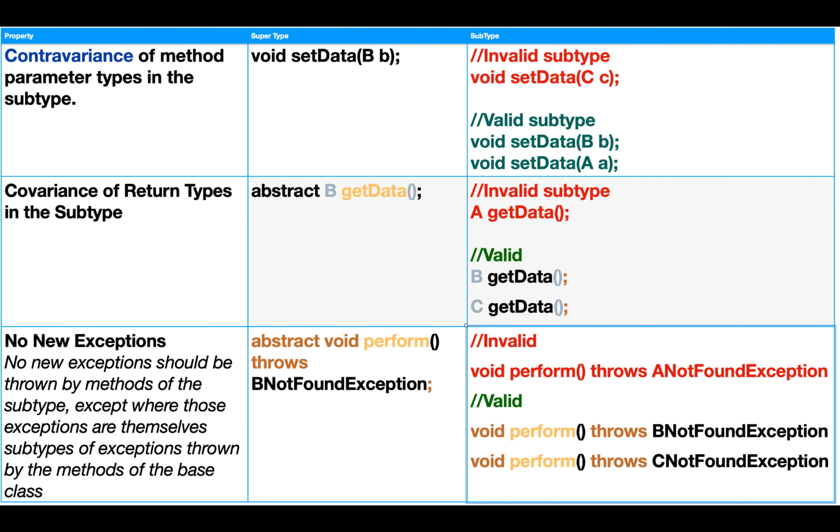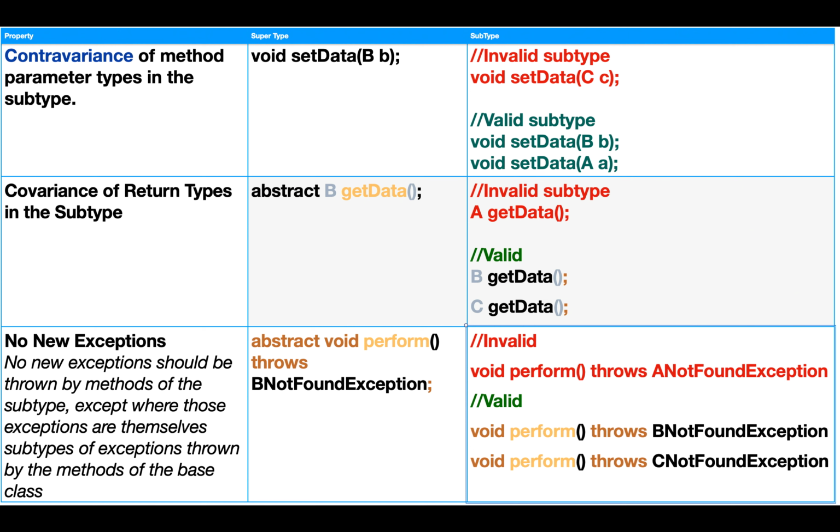Here you will find three keywords. One is covariant. Whenever there is the word covariant, it means a class and its subclass can work together.